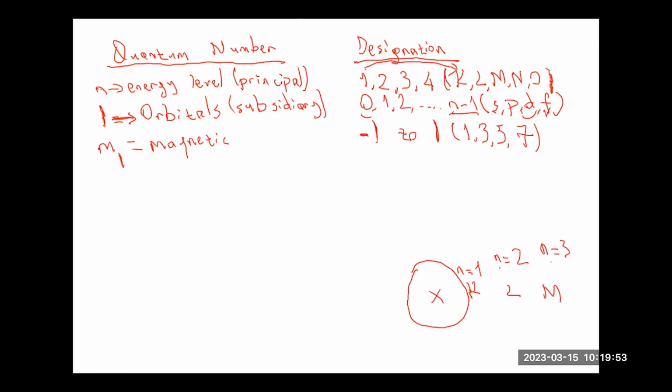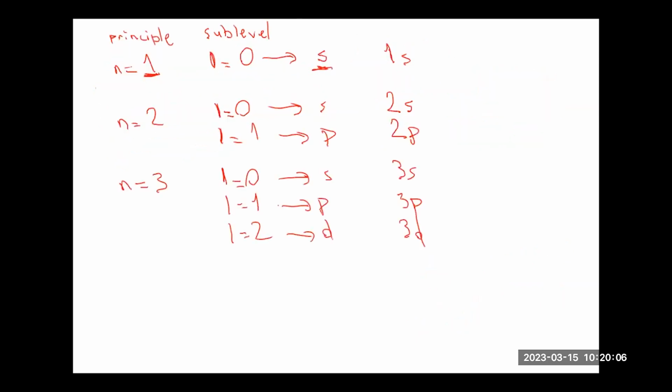It goes like this. And it kind of represents the orientation. Let's look at some example. We are defining the ML, which is magnetic quantum number. It also defines the orientation.